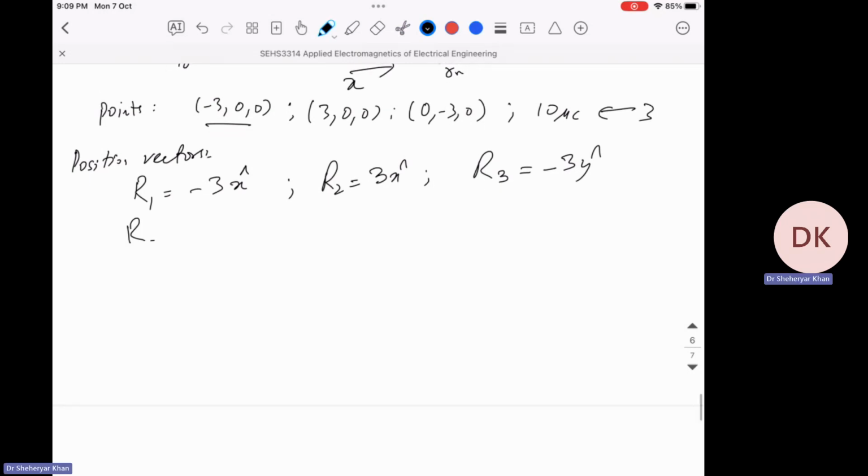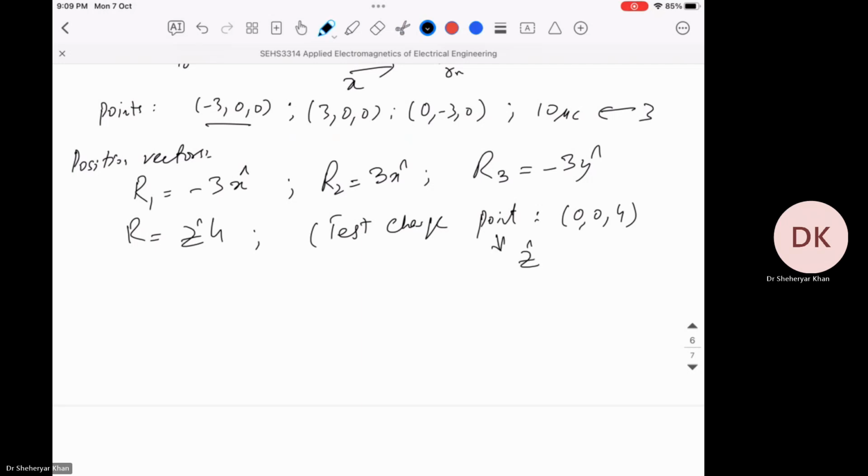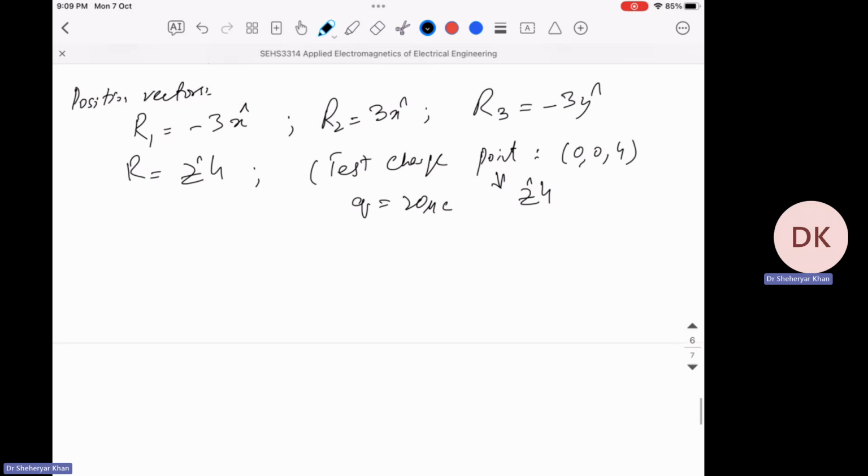Okay, so R is given, R is 0, 0, 4. So the first thing now is we'll find F1, due to charge Q and Q1.